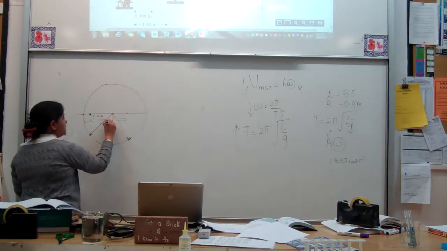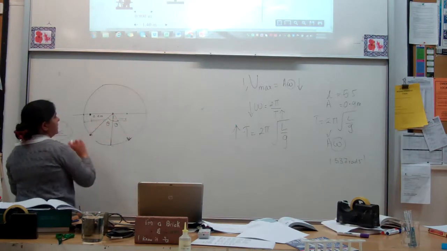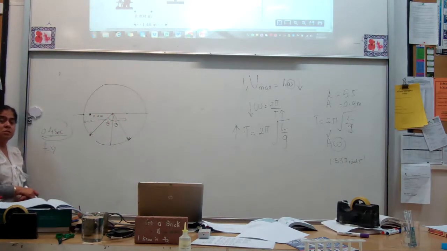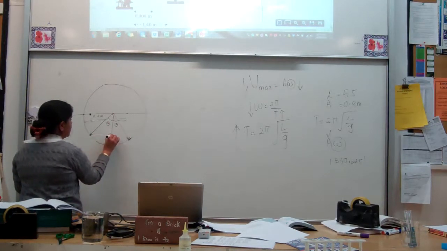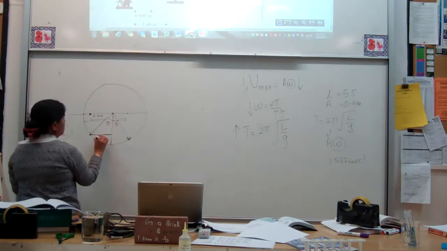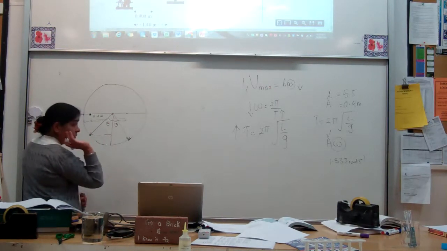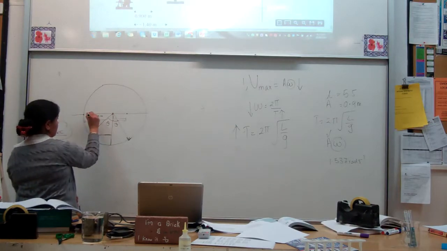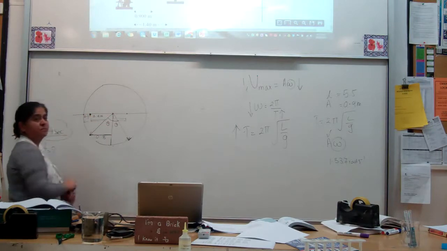You have to work out this angle, and then you will work out the time taken to cover that much angular displacement. So for that, what do we need to do? Draw this triangle. And I know this distance. How much is this distance? 0.9 is this. 0.8, because minus this.